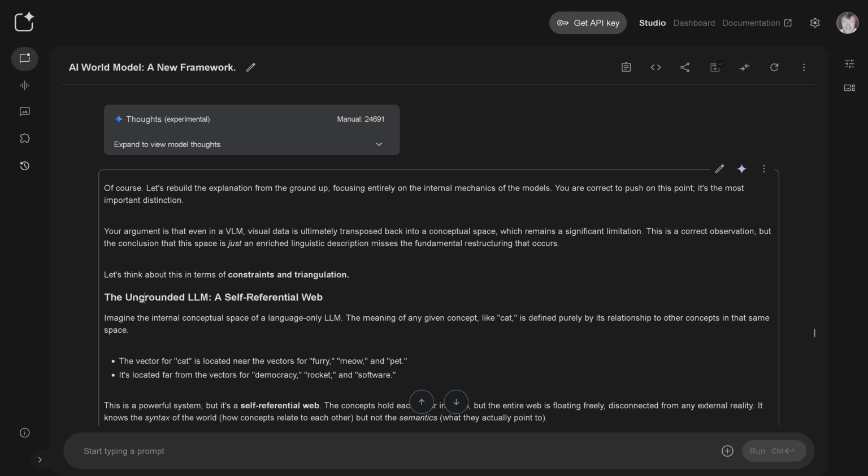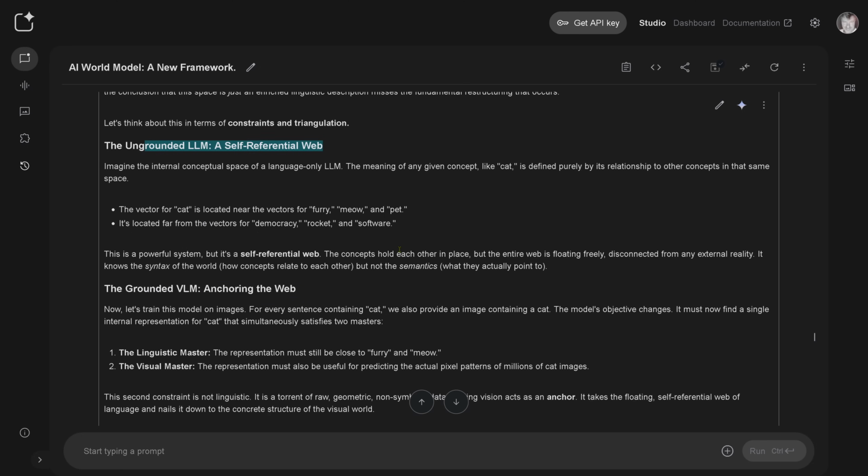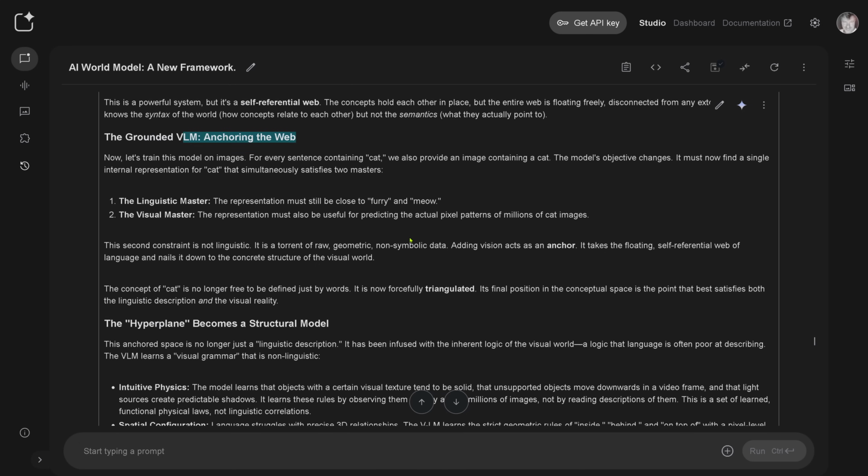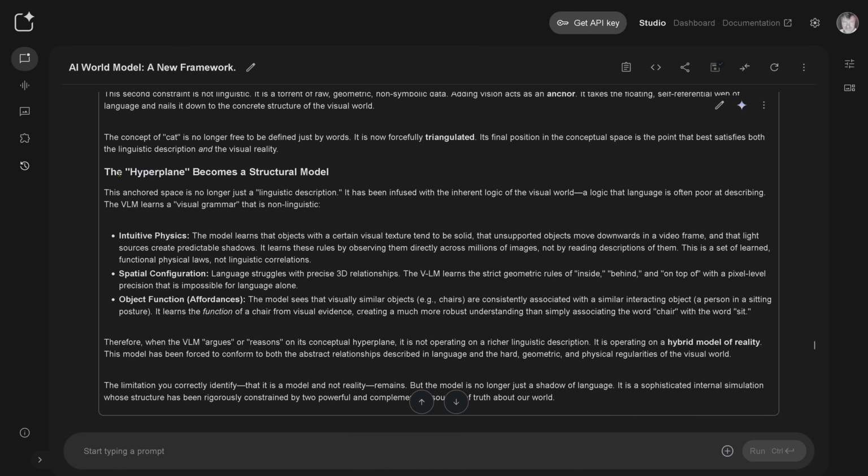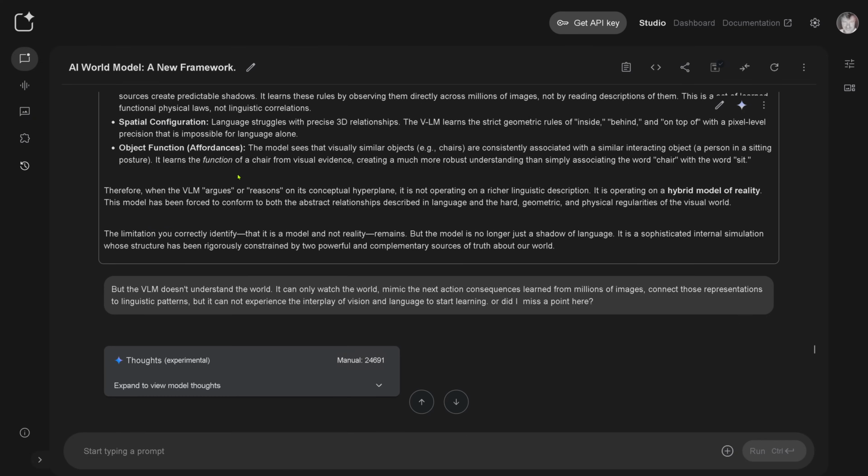The ungrounded LLM, a self-referential web system, now anchoring the web with visual data, interesting, telling me that the hyperplane becomes now a structural model in itself, which is an interesting way to say an intuitive physics emerges here by describing what happens to the objects in the real world, and you see what's happening now. And I say, but the VLM doesn't understand the world.